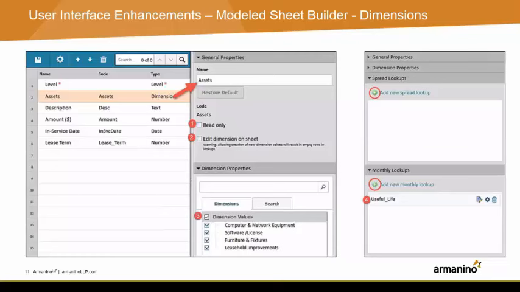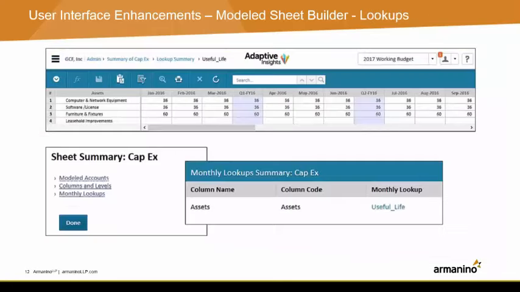If we scroll down, we can also see any existing spread or monthly lookup tables. We can add a new lookup by clicking on one of the green plus signs, then save the sheet to allow for editing of the new lookup, which we'll discuss next. Once saved, if you click on the little pencil icon, it will open the table in a new window to allow for editing in a standard type sheet as seen here, instead of the small pop-up chart you're accustomed to.